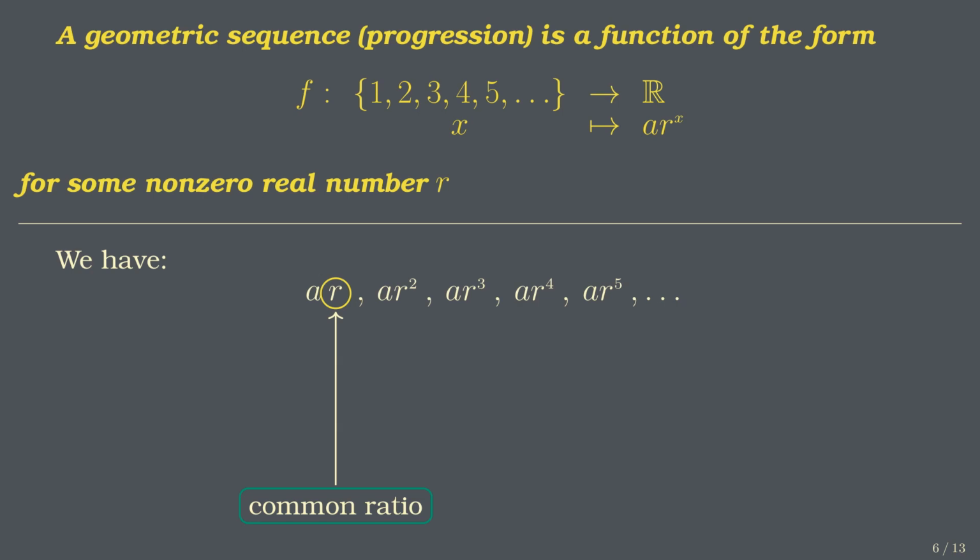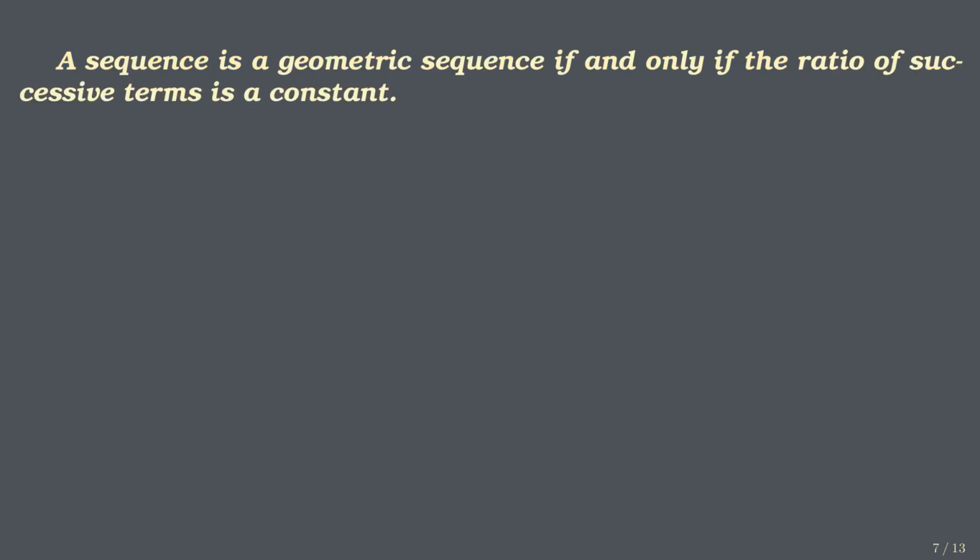Similar to the situation with an arithmetic sequence, a sequence is geometric if and only if the ratio of successive terms is a constant. This is the reason why we required the ratio to be different from 0.